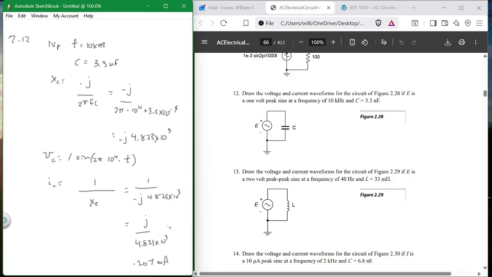But now, if you put this in your calculator and crank it out, you go to the complex mode, and you enter 1 J divided by 4.823, is equal to what? And do that in polar. I want the answer in polar.